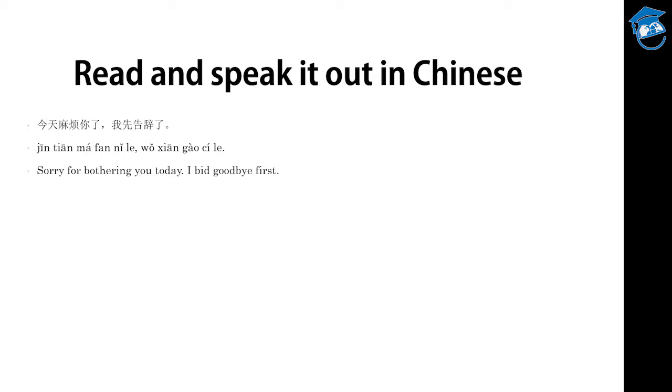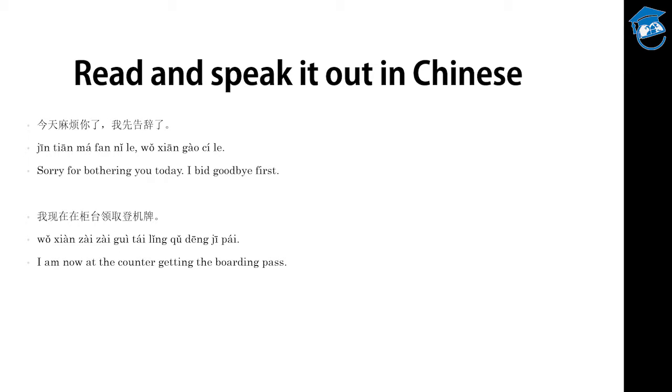Alright, so the next one is this sentence. Can you understand what it means? Okay, it is read as 我现在在柜台领取登机牌. Okay, it is translated as I'm now at the counter getting the boarding pass.